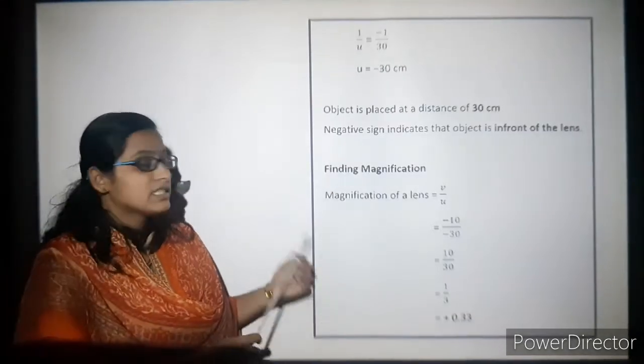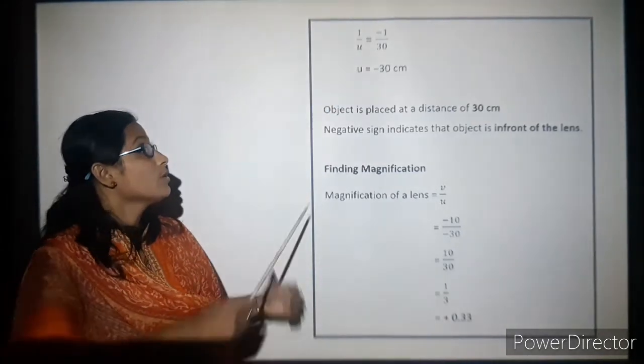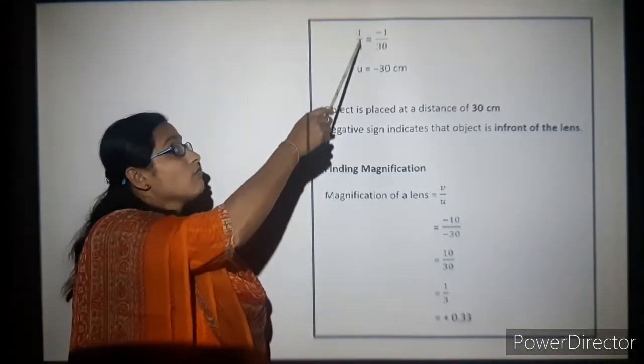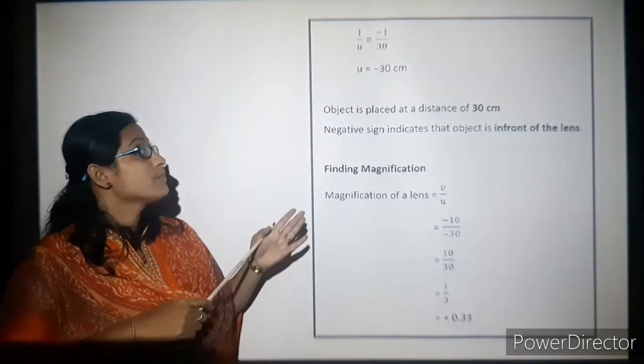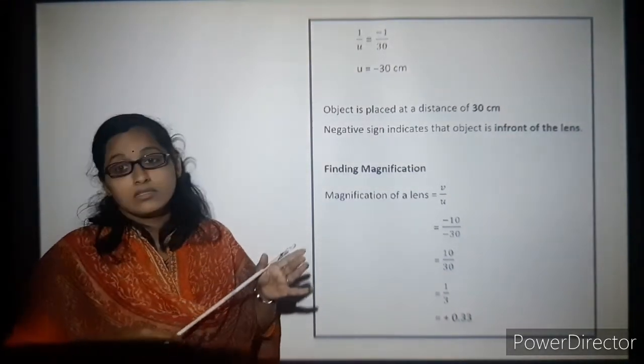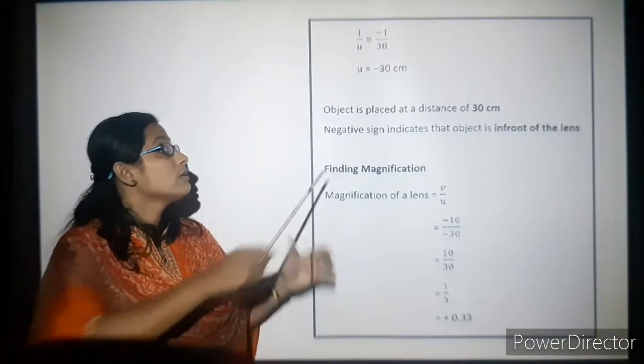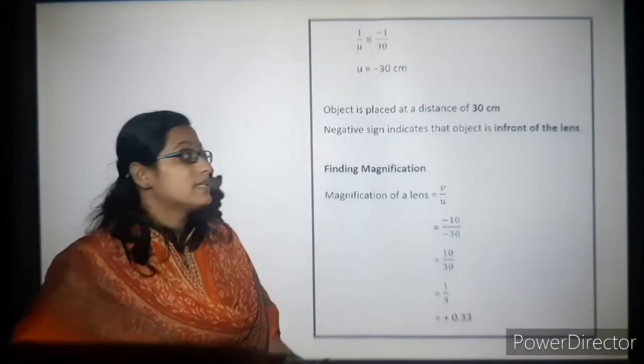You will find the LCM, which is 30. So 1 by U is equal to minus 1 by 30. Reciprocating, the object distance U will be minus 30 centimeters.